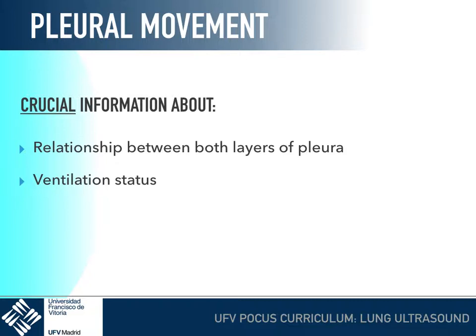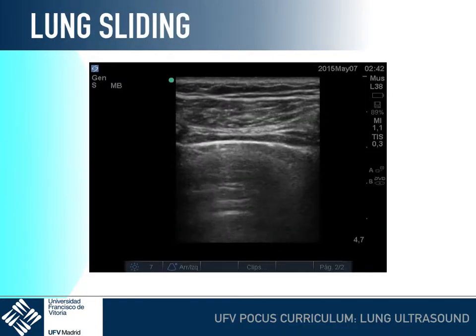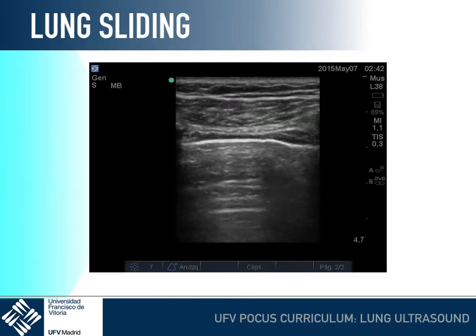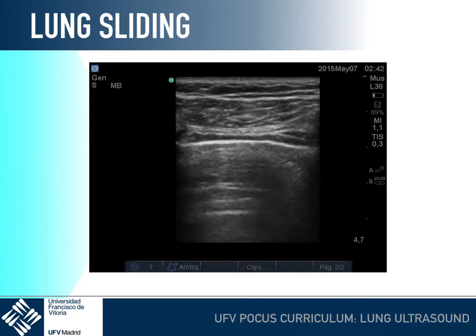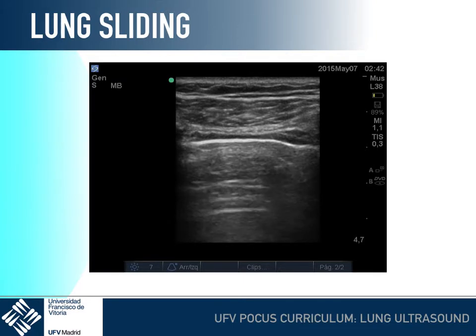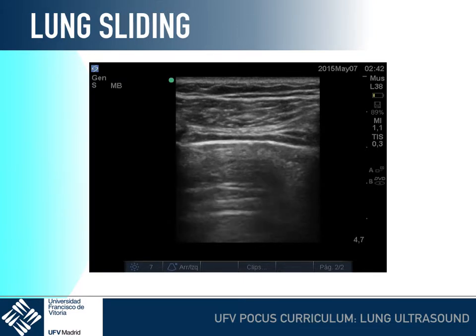So the first type of movement is the normal one, the lung sliding. If you take a look at the pleural line, there's a sliding or gliding movement, a back and forth movement.